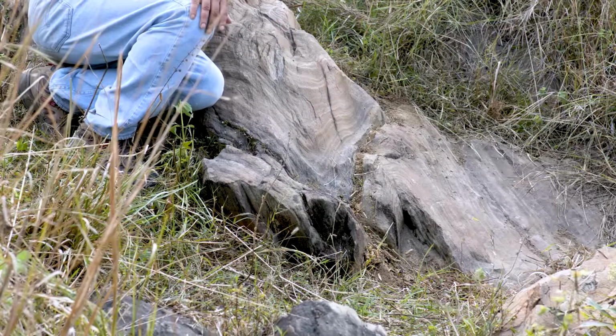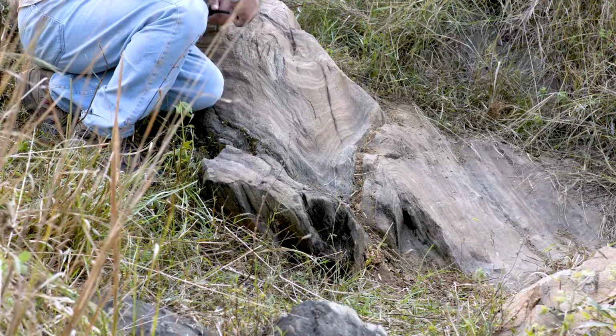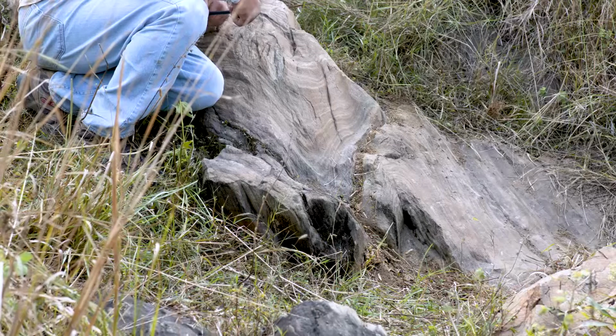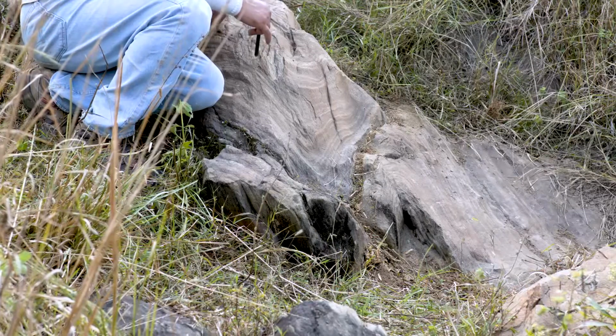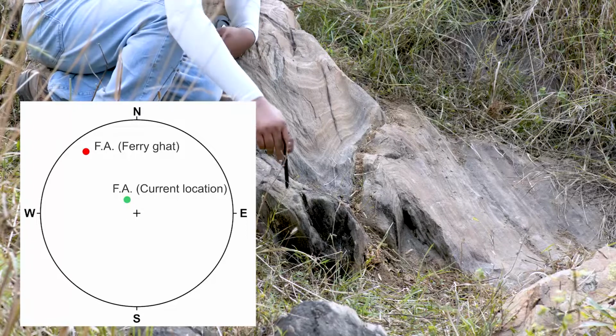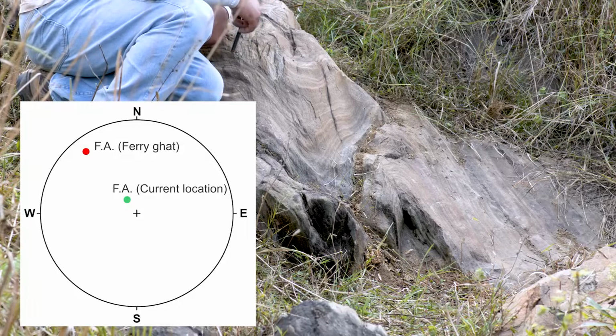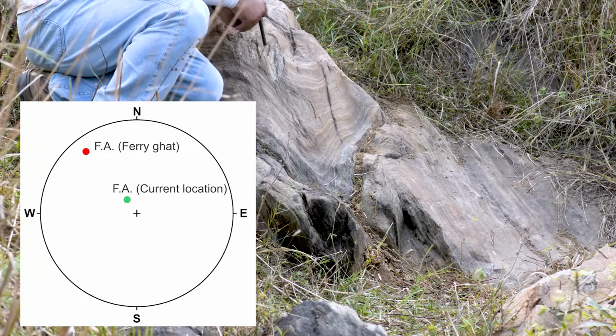In Ferrighat, we found the fold axis was plunging around 15 degrees. With the same S0 here, we find the fold axis is plunging extremely at high angle. It basically is making a reclined fold.